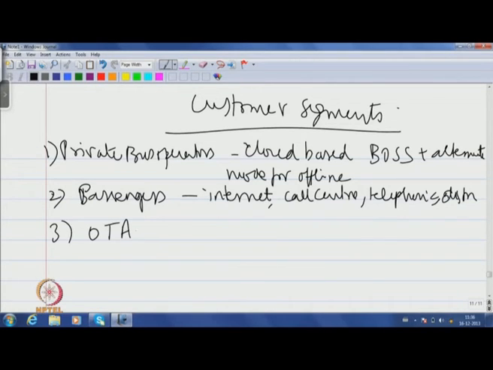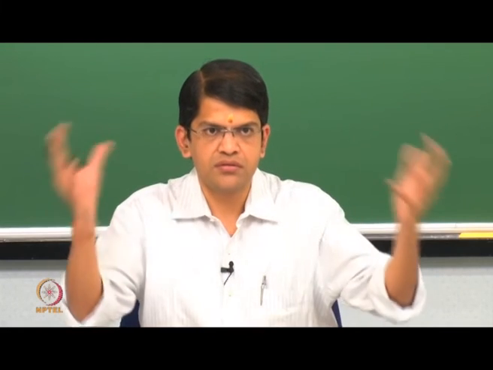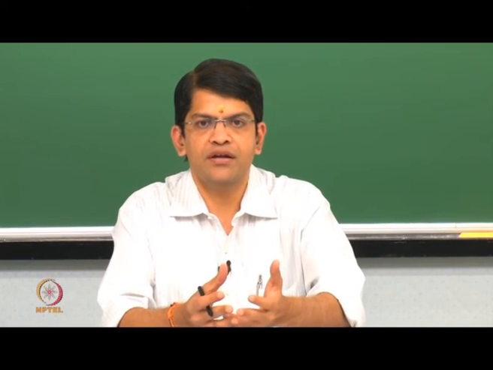Then the online travel agents, as I said, Expedia, the Yatra types, where Redbus gave the seat seller application. And it also started very slowly to provide this sort of service even to state government bus agencies or bus departments, whatever you call it, because that itself is a big bus operator network.